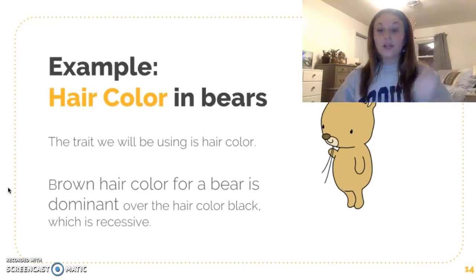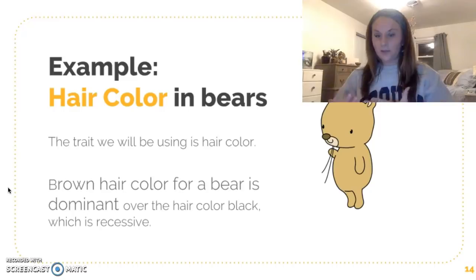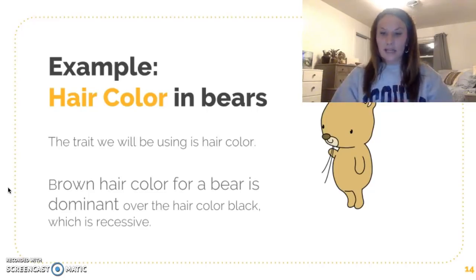So if you see a capital B, that means that the parent is going to be having one of their traits as a brown dominant. Remember, capital case means that it is referencing the dominant trait. In our case, that is brown hair. The recessive trait is black hair. Black is less common, and a black hair genotype is going to be represented by a lowercase b.